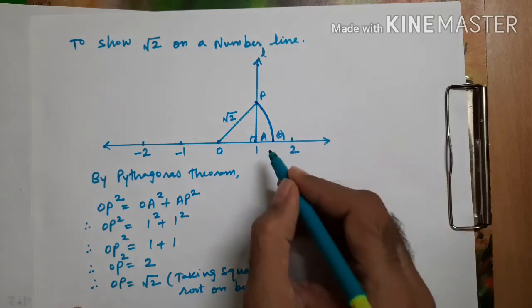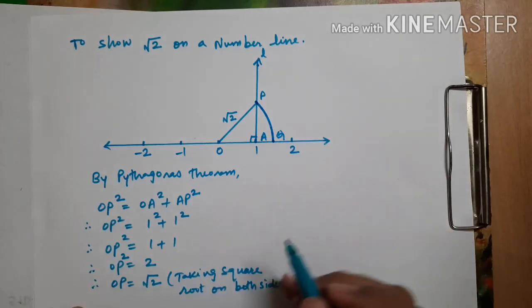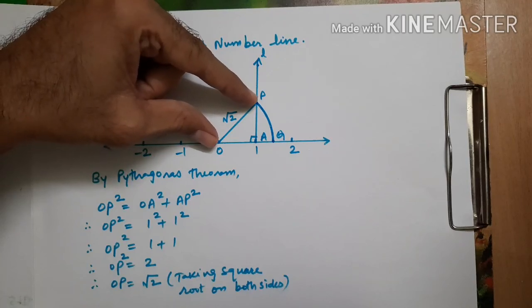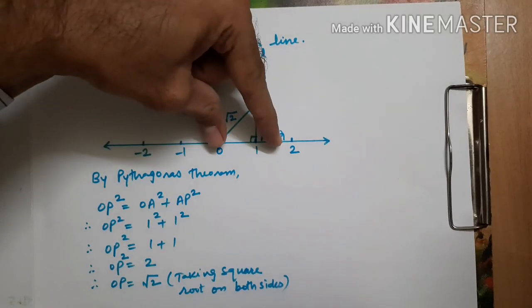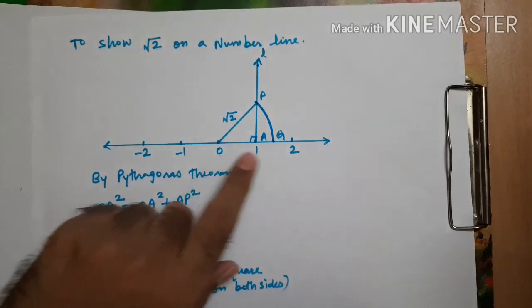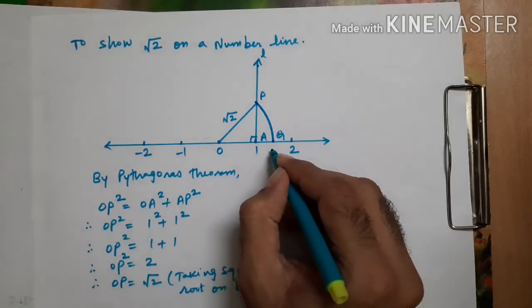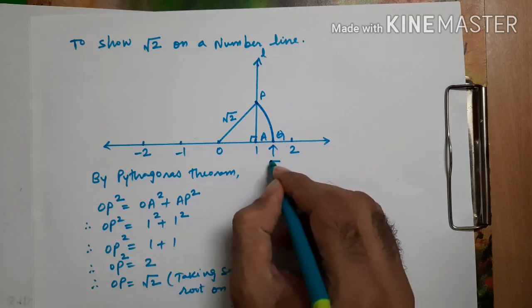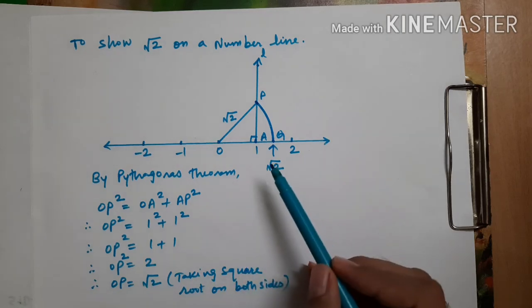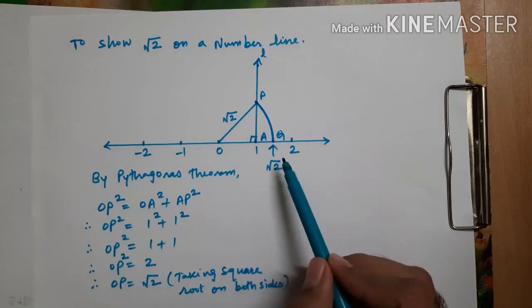As this distance OP is root 2, therefore this distance OQ is also root 2. So this point Q denotes the number square root of 2. In this way we have shown root 2 on this number line.